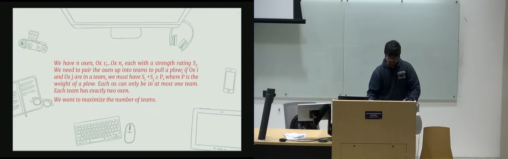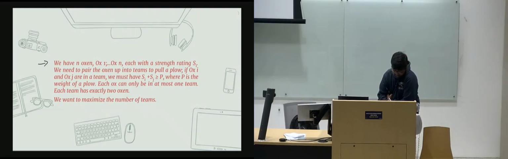So the problem goes like this. We have n oxen, ox1 to oxn, and each ox has a rating of s of i, and you need to pair these oxen up in teams so that this condition is true. This p is a constant that will be given to you.